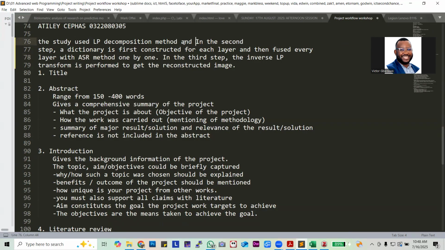And LSP method as well as the inverse LP transform.